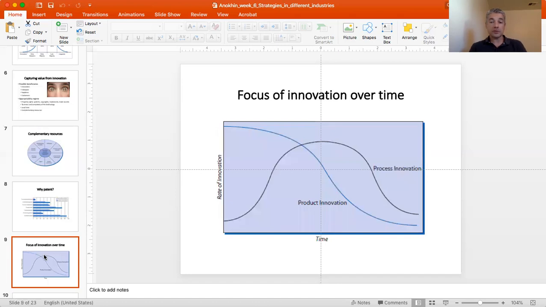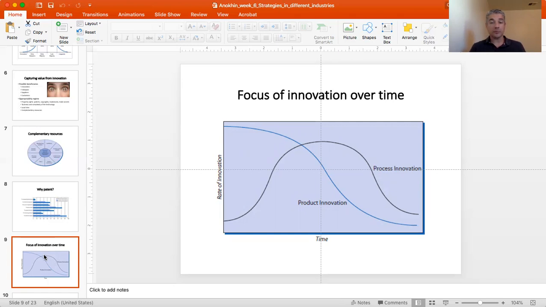As industries evolve and mature over time, the focus of innovation changes. Early on, most innovation that we talk about is product innovation, right? We talk about new technologies, new ways of doing things, but it's primarily about coming up with new products. For early stage industries, we are primarily interested in differentiation to be able to upcharge our products.